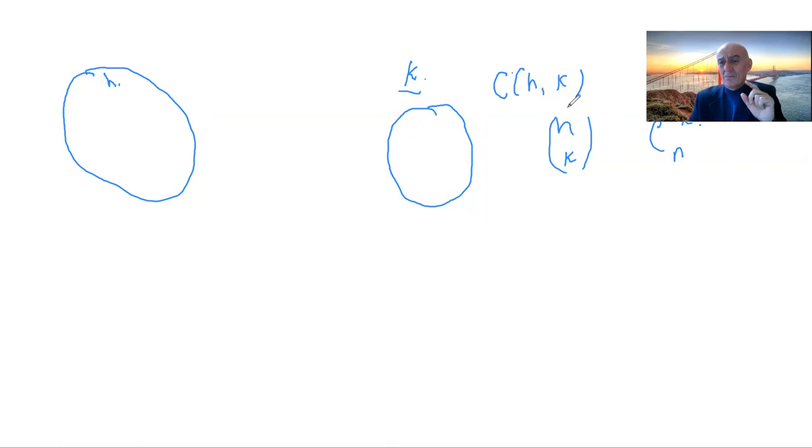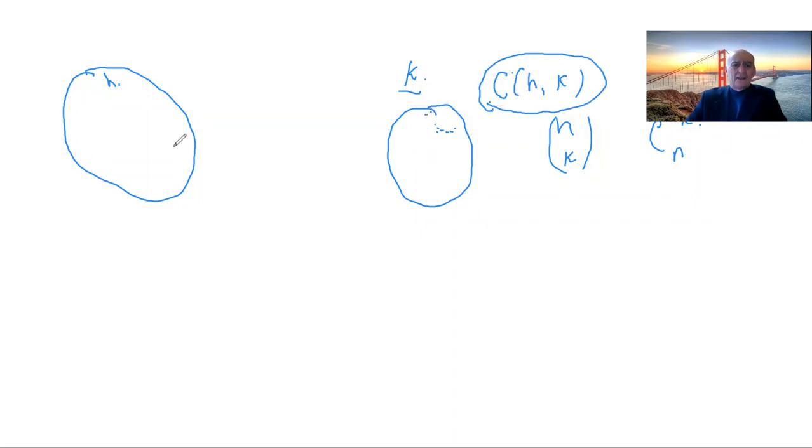This is the number of subsets with exactly k elements. We know very well the number of all subsets, but we don't know this number. Despite the fact that we don't know how to calculate it, I denoted it by this symbol.